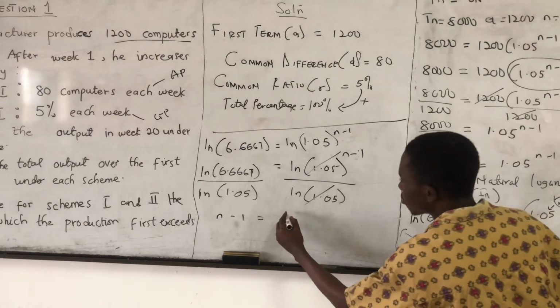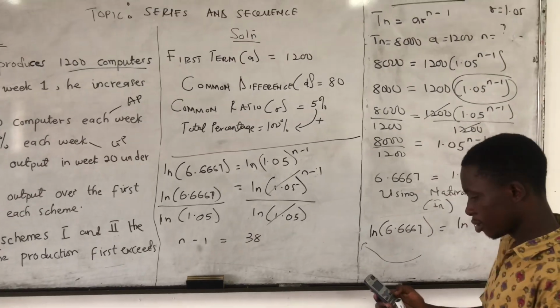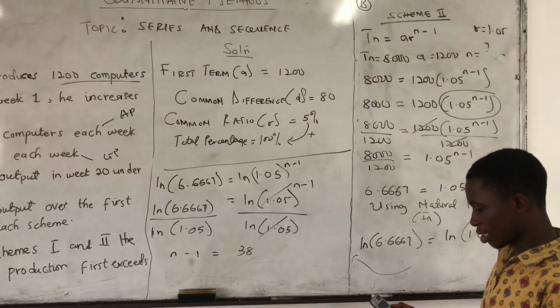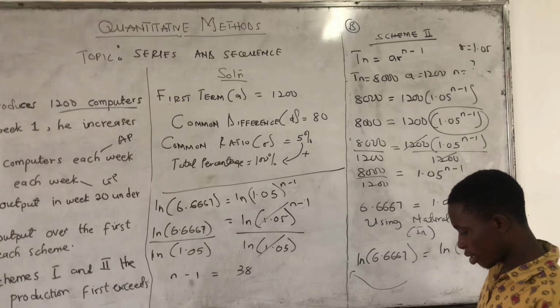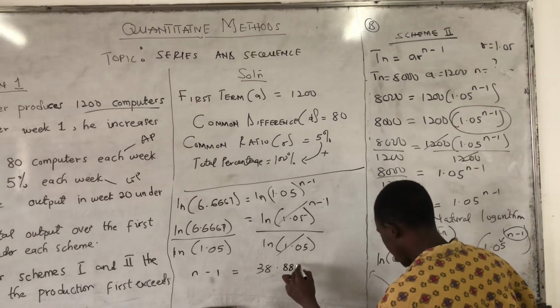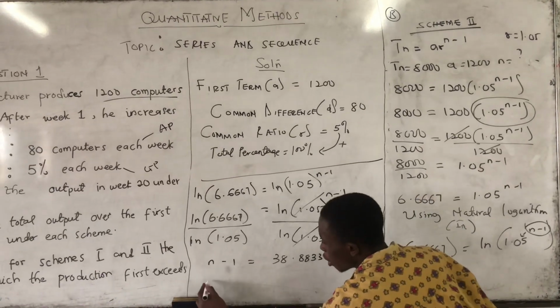We're going to get 38. Sorry, I cleared it. ln of 6.6667 divided by ln of 1.05 gives 38.8833.